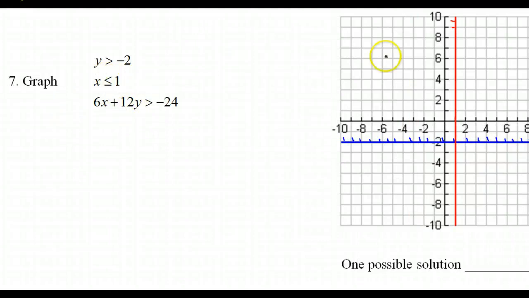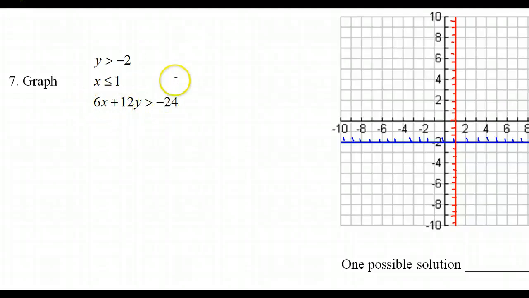And we will put the shading on the left side because it is less than. We only do left and right when we have x instead of y. Anytime it's y, like usual, we do above and below. So we'll just put a little bit of shading on the left side for less than.